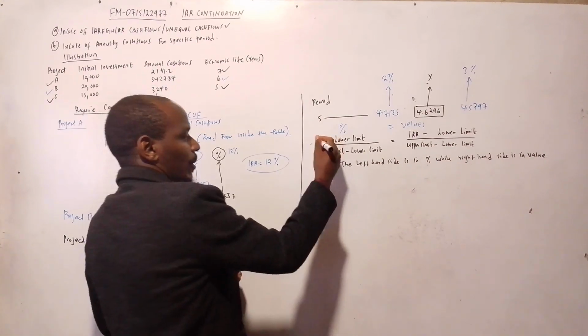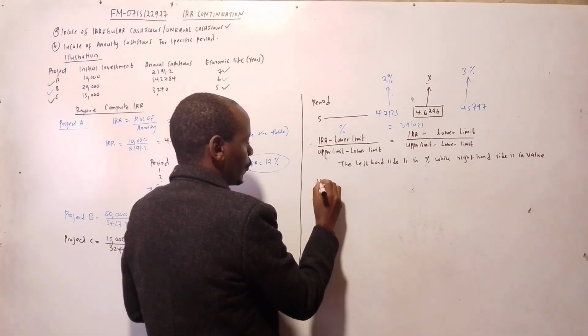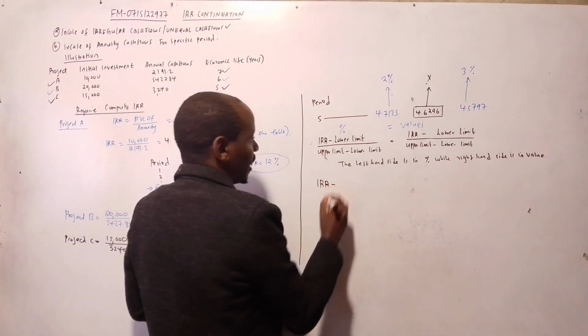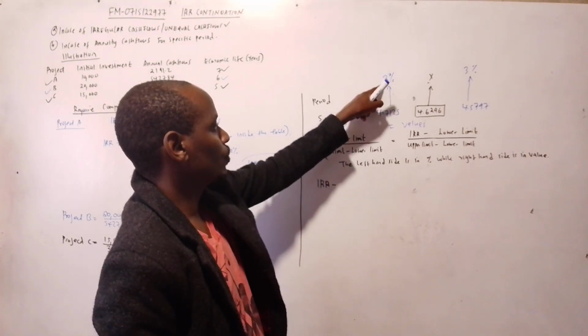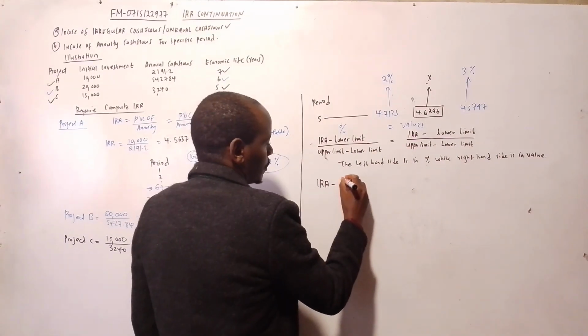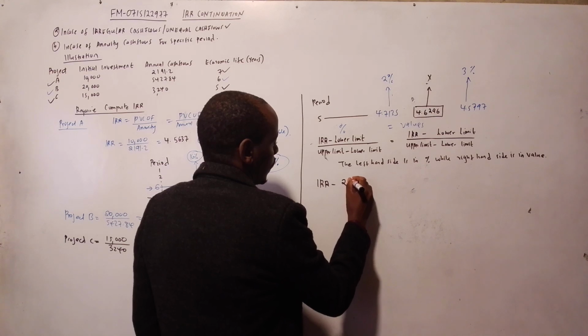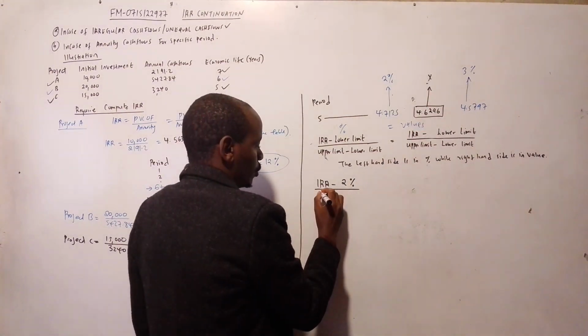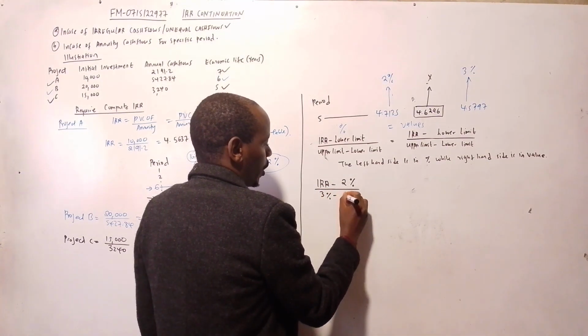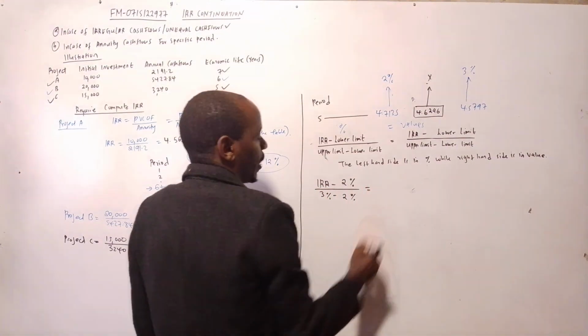IRR, which is in form of percentage, minus the lower limit in percentage, which is 2%, over the upper limit in percentage, 3%, minus the lower limit, which is 2%, must be equal to the value.